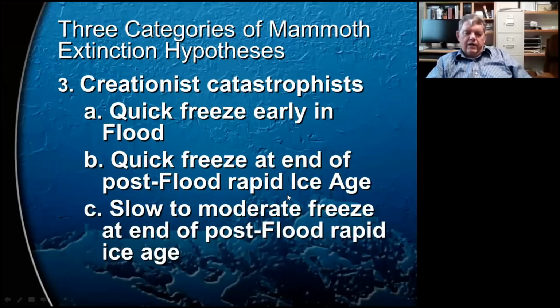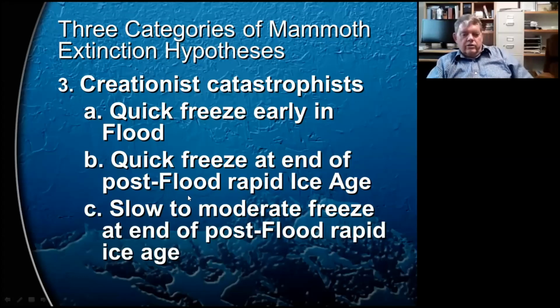Anyway, like I said, there's 3 categories of extinction ideas or models by us creation scientists. Yes, in some areas we have different ideas, and there's nothing wrong with that. In the principle of multiple working hypotheses, it's good to have several ideas going at the same time, especially when there's a lot unknown.